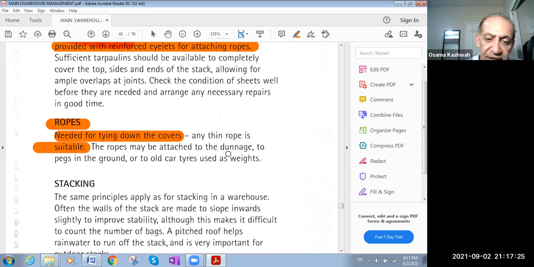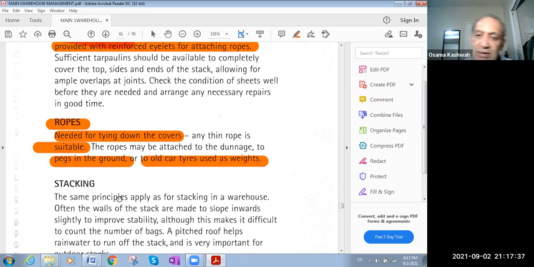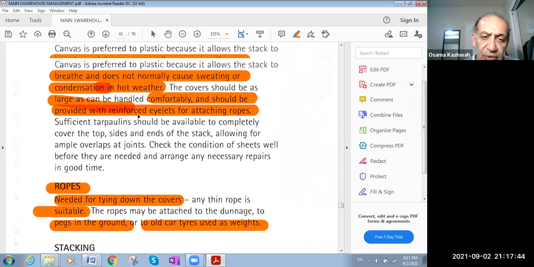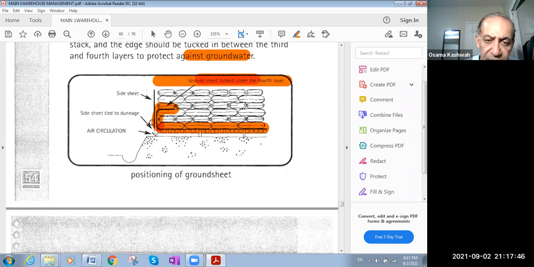The ropes may be attached to the dunnage, to pegs in the ground, or to old car tires used as weight. You can tie it into the dunnage, and this will be the easiest way. For example, the ropes here, after you put the plastic cover like this, go all the way down and tie it here in the dunnage in this area.